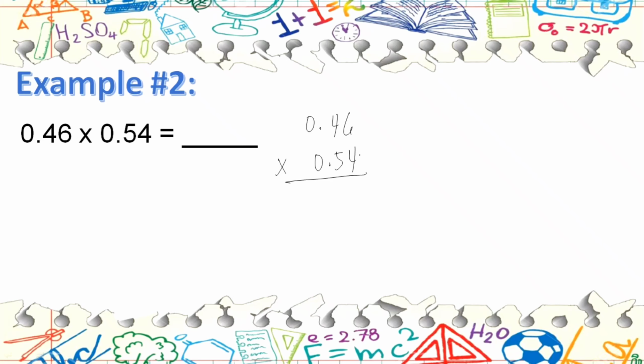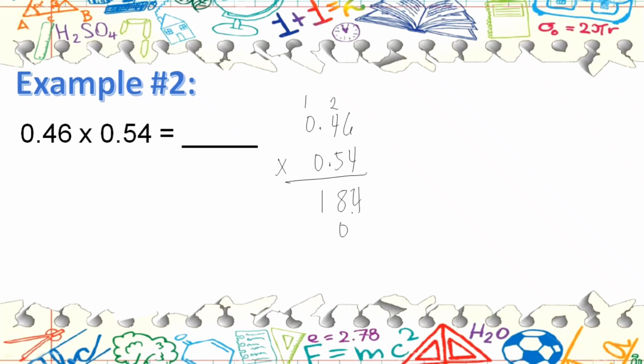So, we have 6 times 4, that is 24. So, we will write 4, carry 2. 4 times 4, that is 16, plus carry 2, that is 18. So, we will write 8, carry 1. 4 times 0 is equals to 0, plus 1, that is 1. Next, 5 times 6, that is 30.